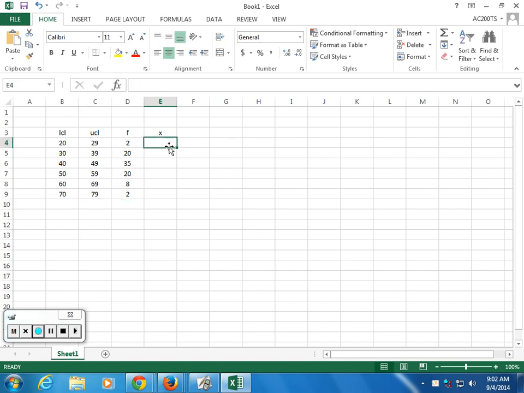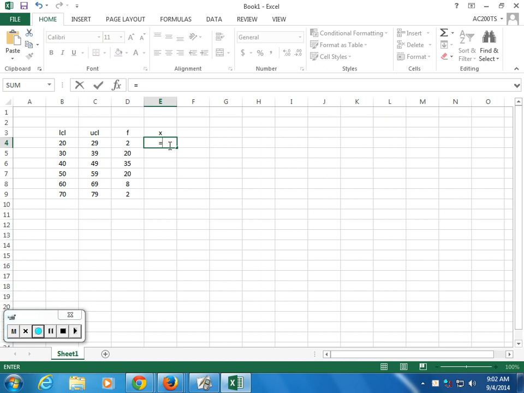And what is X? That's the midpoint. So I'm going to say equals, and you might want to write this down if you want to put formulas in. Anytime you want to put a formula in Excel, you start off with equals. That's telling Excel, okay, this is a mathematical formula. You're going to have to calculate something.